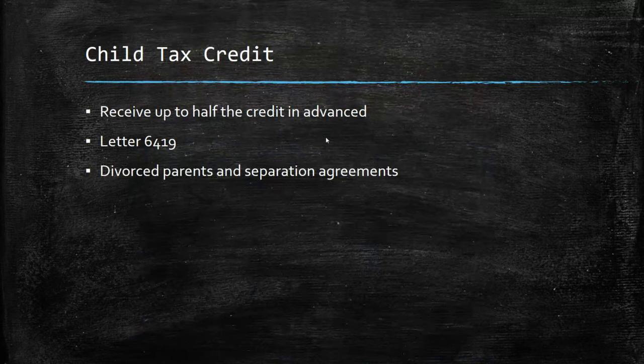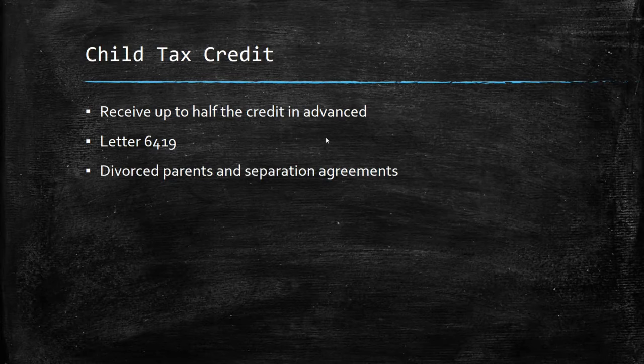The next slide here is the child tax credit. This one was probably the most discussed and had the most changes. The biggest one here being that taxpayers, if they elected to, and they didn't really have to elect to, it was automatic, they would have to opt out of it, received half of the child tax credit in advance. That started in July of 2021.